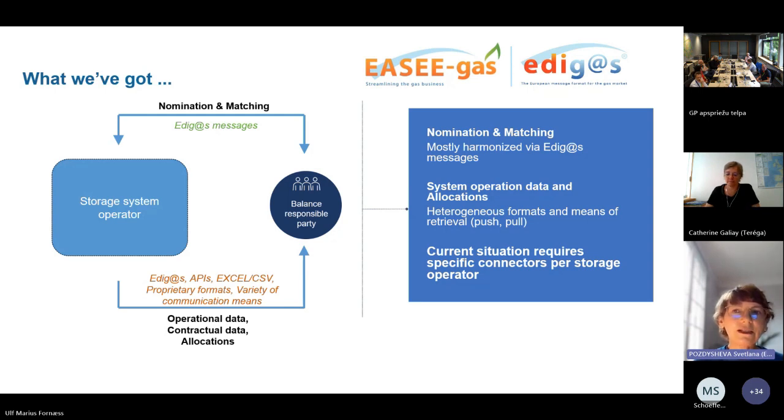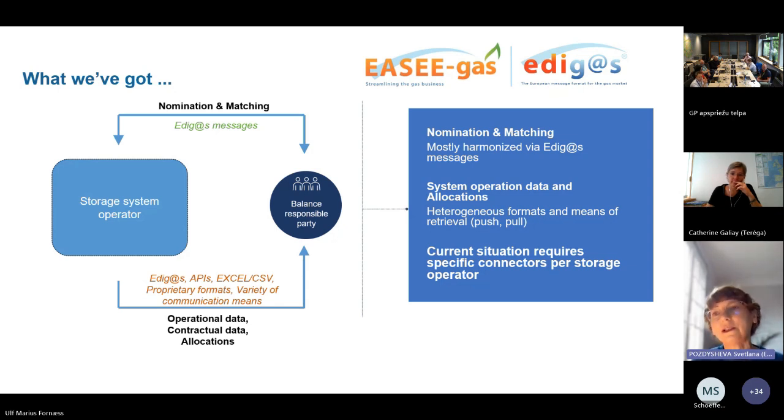The situation is slightly more complicated and difficult for the shipper with all other data, because for other operational and contractual allocation data, we would have EASEE-gas if we are lucky as a shipper. We would have proprietary APIs, which is good but not harmonized. We would have even Excel or CSV files.